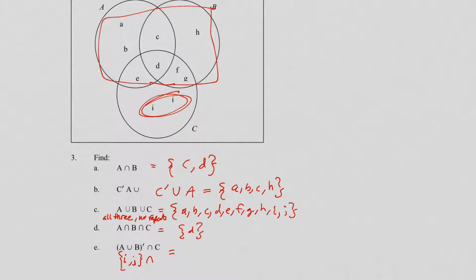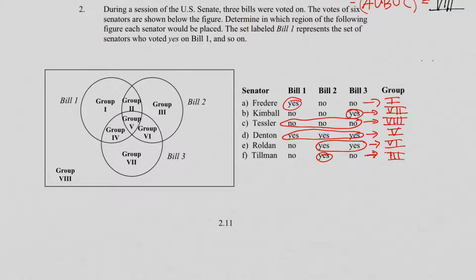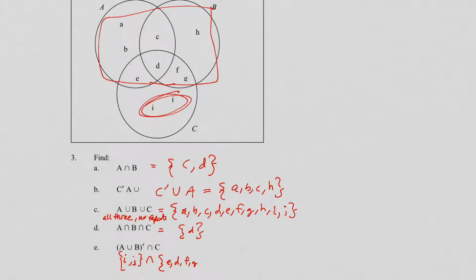Or let me just break this down a little bit more. So you could do it this way as well. I'm just listing as I read. E, D, F, G, I, and J. And that's what they have in common. So the final answer is I and J. Now you don't have to do all these extra steps. This is just to break it down if you need more clarification.